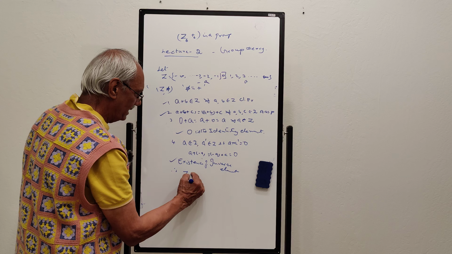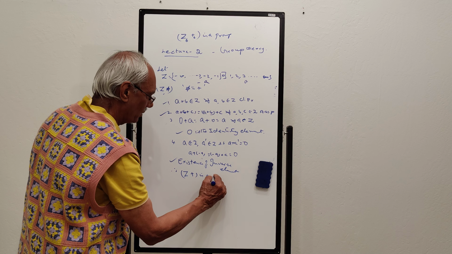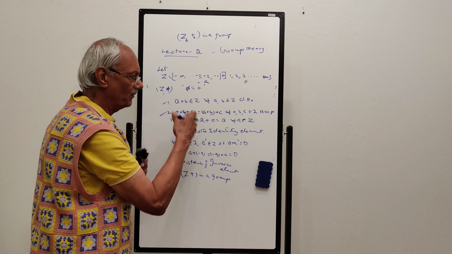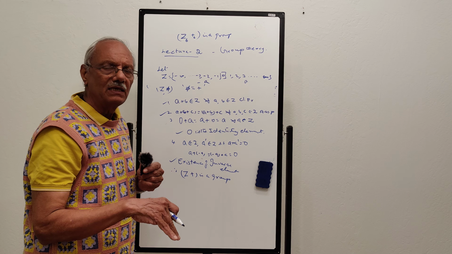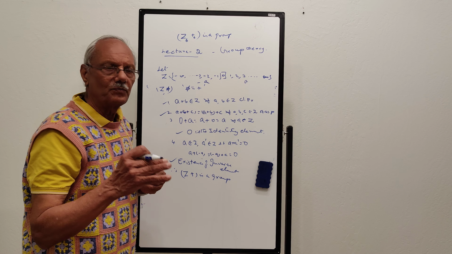Therefore, Z plus is a group. So if all these 4 properties are satisfied for the elements in the set, then such a set will be called a group.